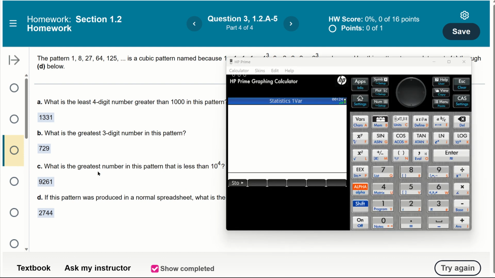All right, for part C, we want to know what is the greatest number in this pattern that is less than 10 to the 4. So 10 to the 4 is, of course, 10,000, right? So 10 to the power of 4, 10,000. So we need to find a perfect cube, the largest perfect cube less than 10,000, right?